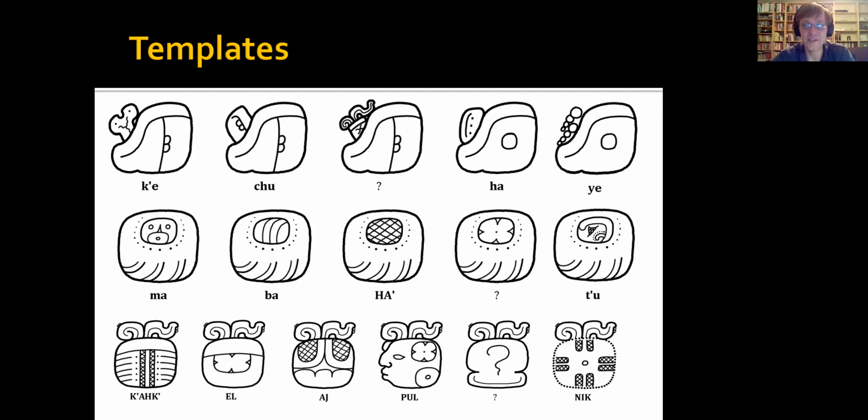Then there's a set of signs which seem to start with the body of water, ha. But then there's also ma and ba and u, syllable.